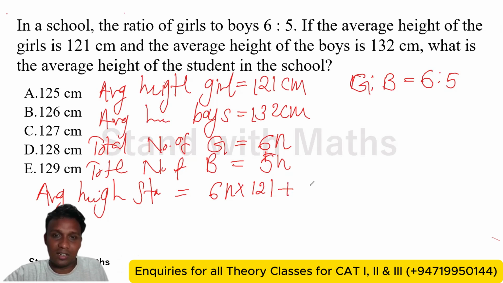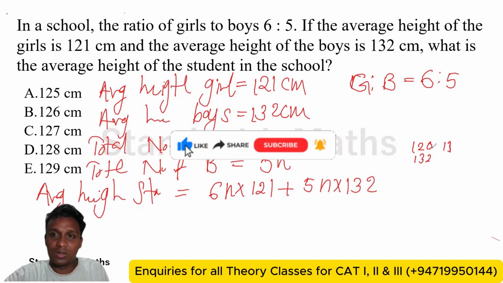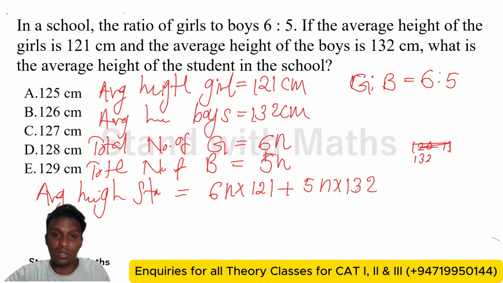Then again, 5n into 132. This means the total height of all the boys. One boy may be 120, some boys 130, some boys 135, like this. But we can take the total height of all the boys.